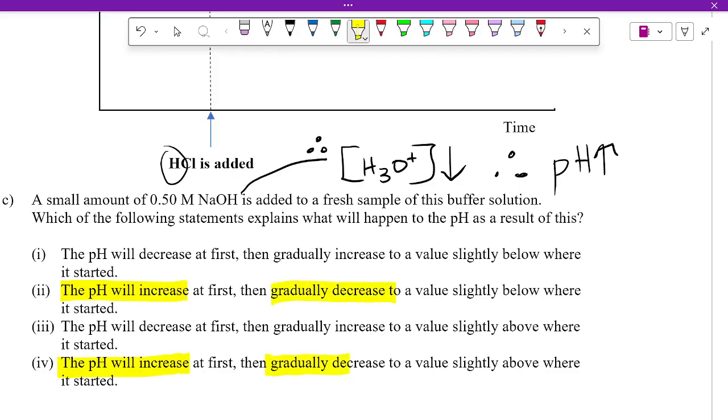Oh, they both say gradually decrease. Is it going to gradually decrease to slightly below where it started? So will it go up and then down, or will it go up and then end up slightly above where it started? Which one's it going to do? It's going to do this one. Yeah?